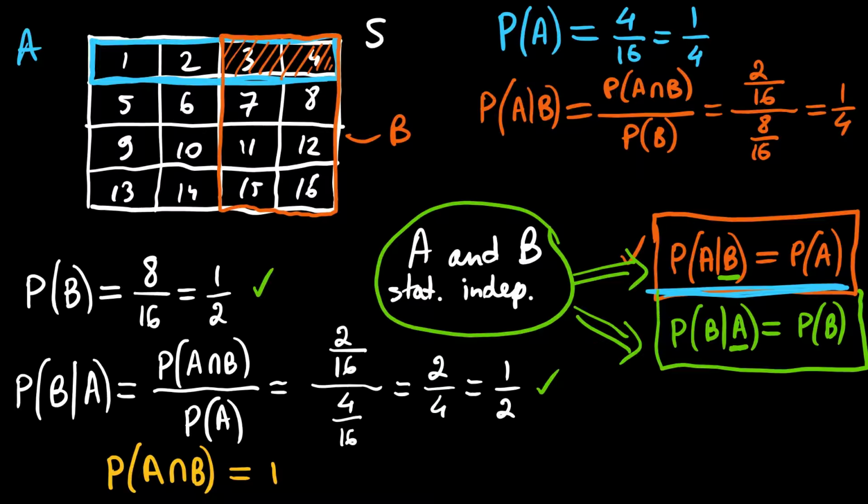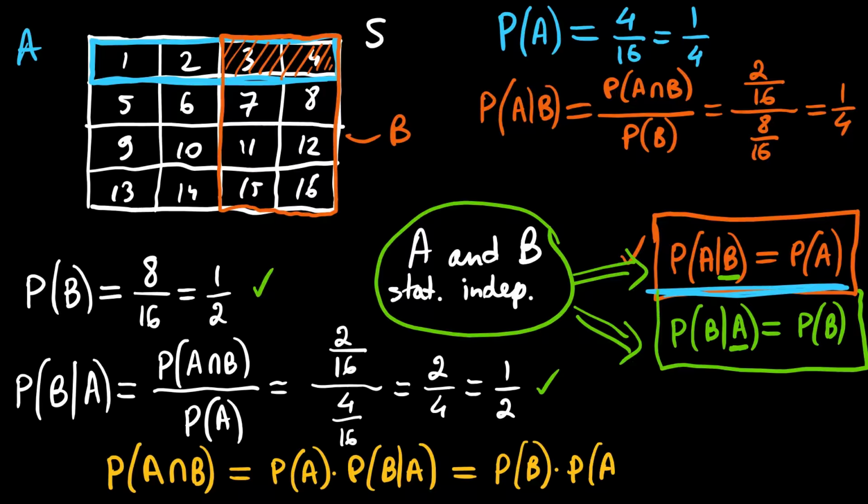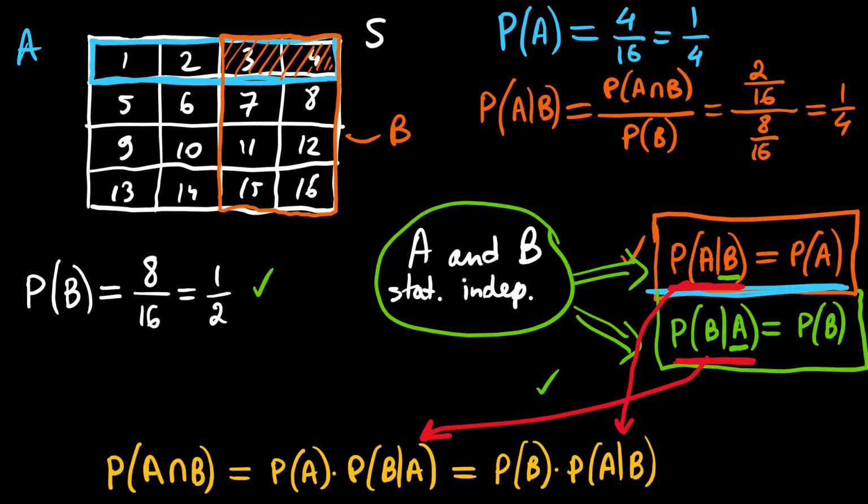We said that it can be written in 2 forms: probability of A times probability of B given A, but also probability of B times probability of A given B. When A and B are statistically independent, we can replace these expressions in here, and let's see what that implies for the independence of A and B. From this first equality, we get that the probability of A intersection B is equal to the probability of A times, and I'll replace the probability of B given A with the probability of B.